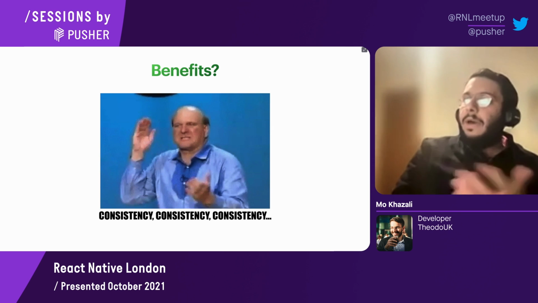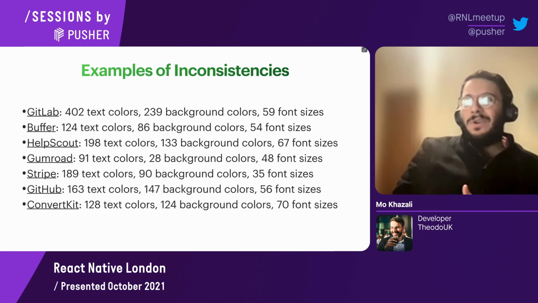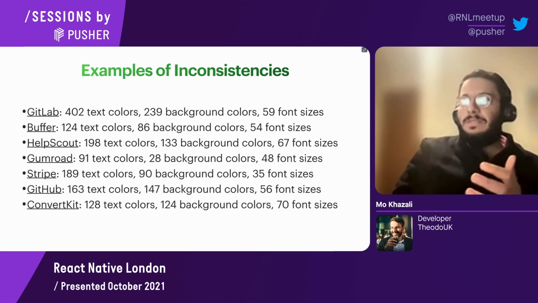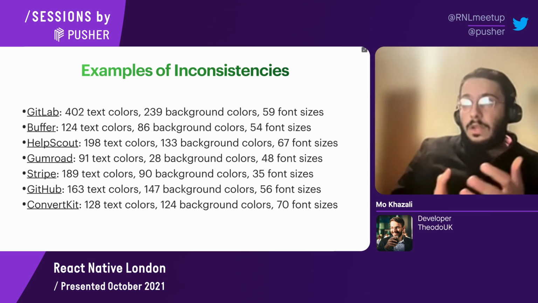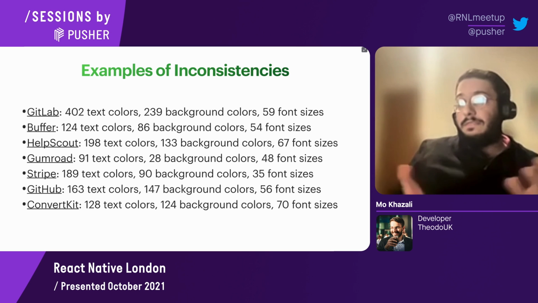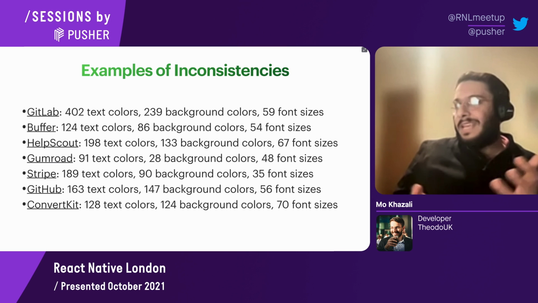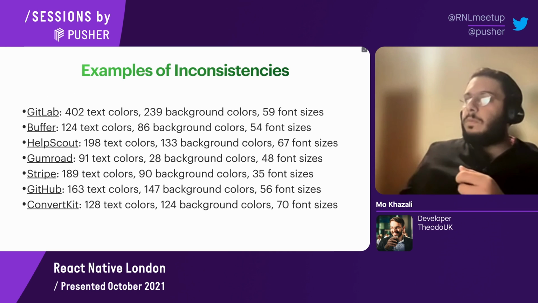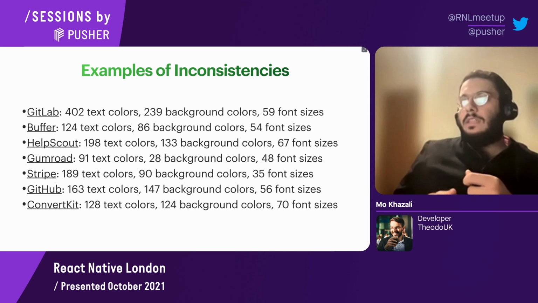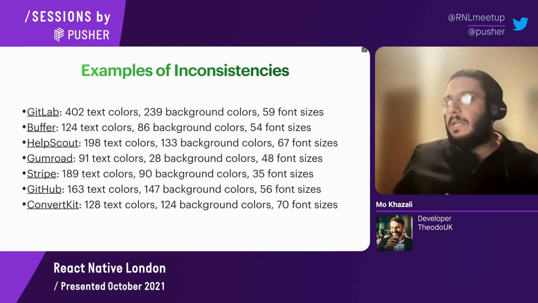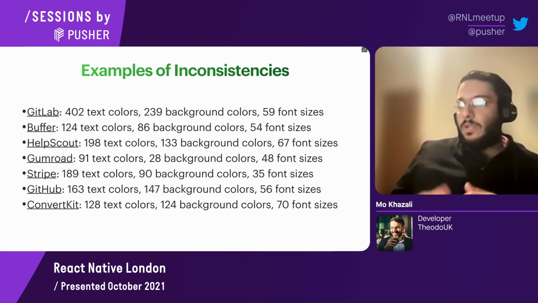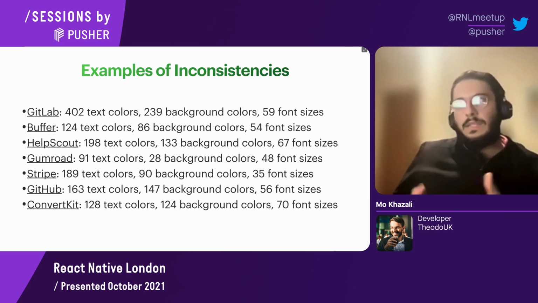And so they found that even across some of these websites where, I'm sure they have very, very talented developers, the number of inconsistencies is massive. You get on GitLab 402 different text colors, several hundred background colors, and 59 different font sizes. So that oftentimes will occur when you have something like the font size set to 1.3 rem instead of 1.25 rem. And so having your hands open isn't always the best thing in this case.